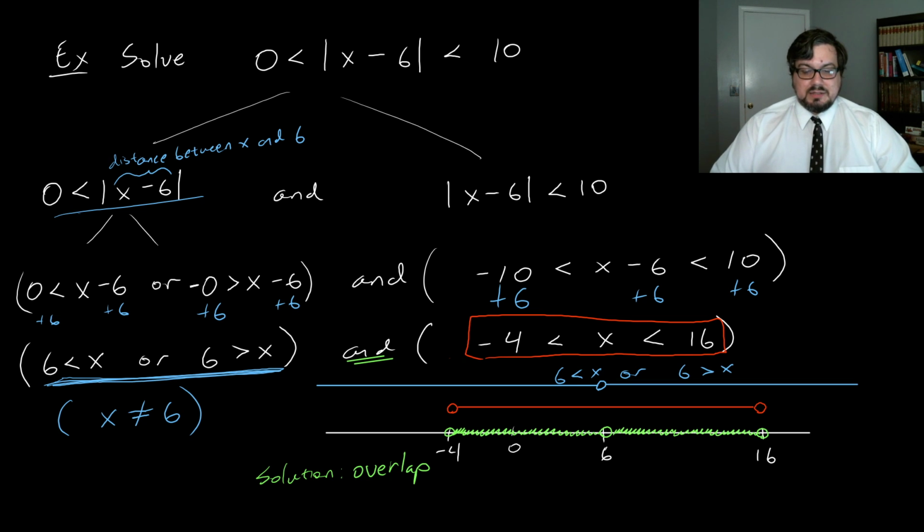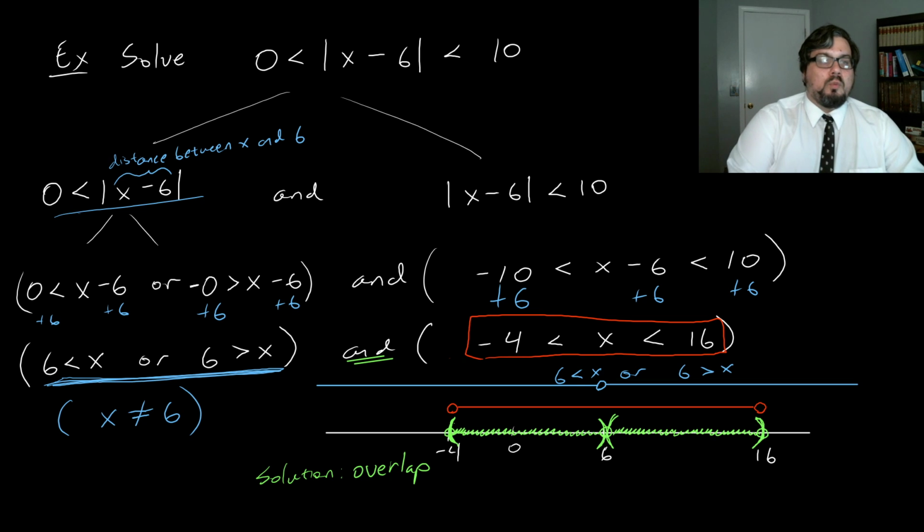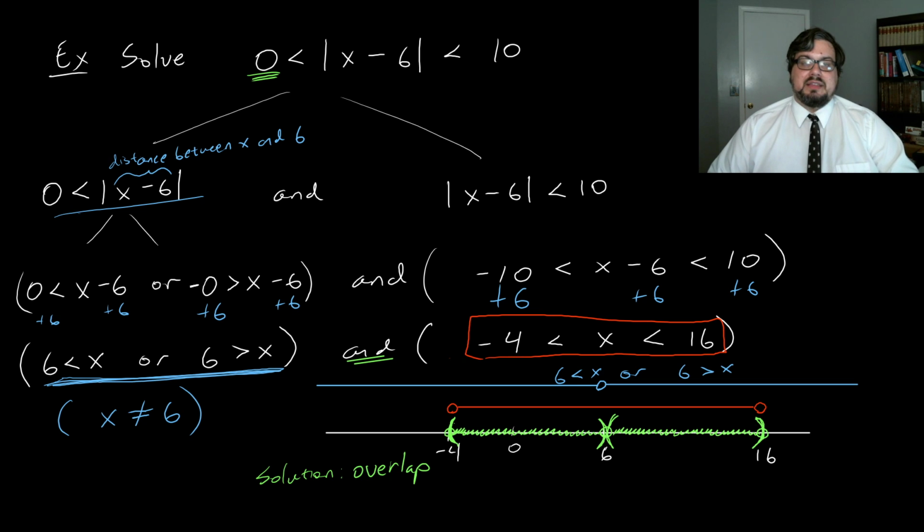So we get the numbers from -4 to 6, but not including 6, and then from 6 to 16, again, not including 6. So in this case, our solution is two intervals that happen to bump up right against each other. And this is what we commonly get when we have a 0 on the left-hand side of a compound inequality like this.